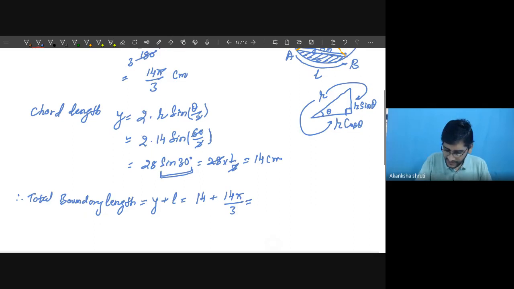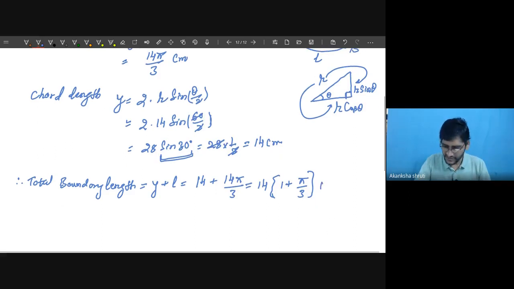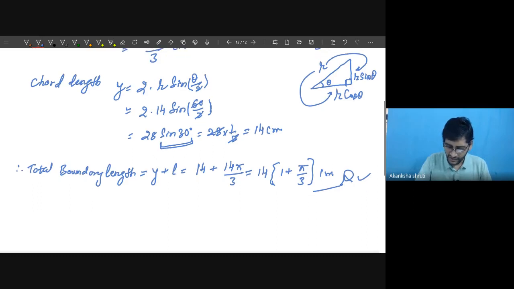In this chapter, adjusting the calculation for saving your time is more important. So 1 plus pi by 3. Now you can substitute the value of pi and get the centimeter value. If you leave it like this, it is also correct. Or lastly, you just substitute the value.